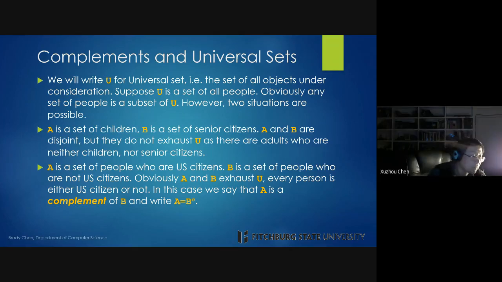So we will use one particular character, U, to represent something called a universal set. The universal set is basically defined as the set of all objects.